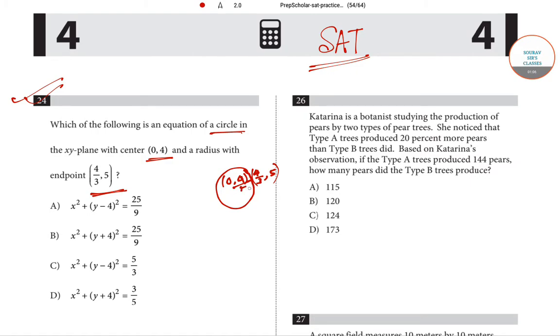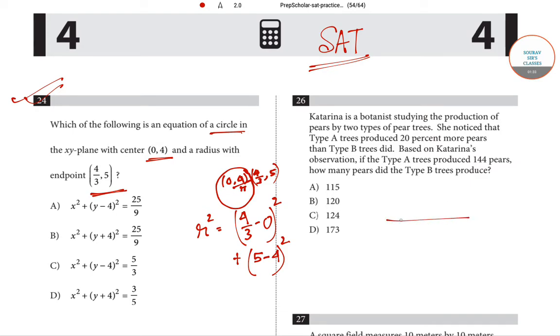First we have to find the length of the radius. So r square will be equal to (4/3 minus 0) whole square plus (5 minus 4) whole square, that is the x component minus this x component.